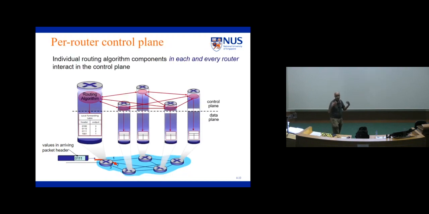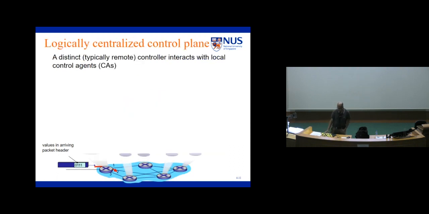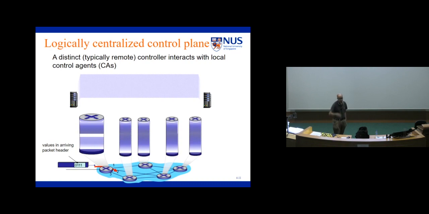One is to have the routing algorithm run at each individual router. And in the more recent way of doing things, you have one central remote controller that determines the routes for all the routers, the forwarding table for all the routers, and then pushes it down to the routers themselves.